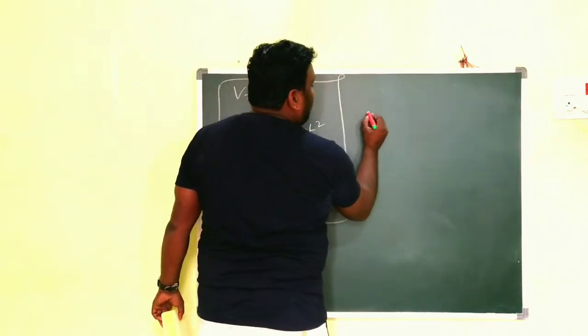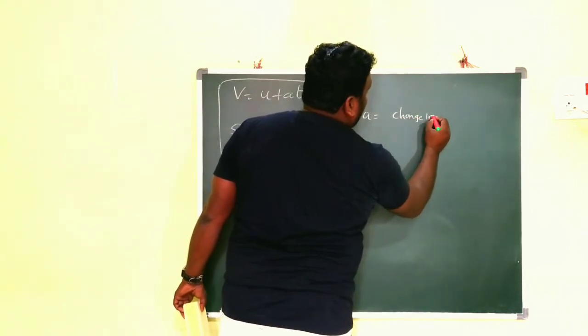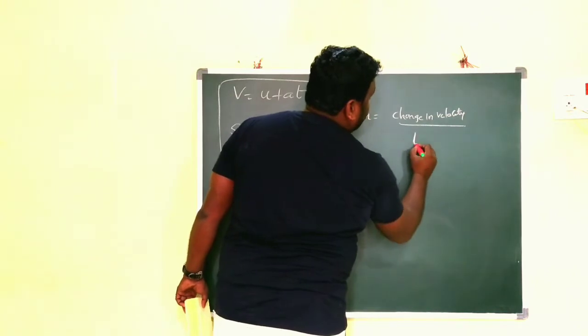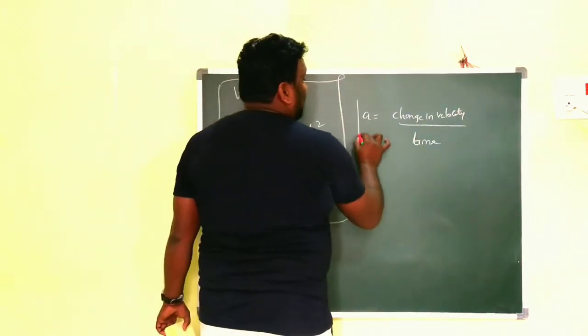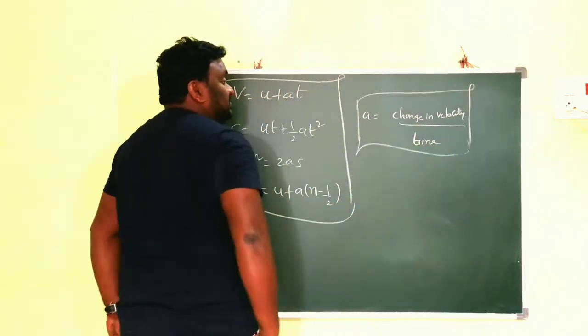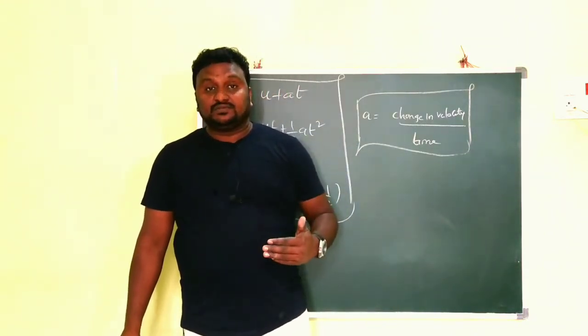Generally we write a = change in velocity by time. This is the definition of acceleration we know. Rate of change of velocity is called acceleration.